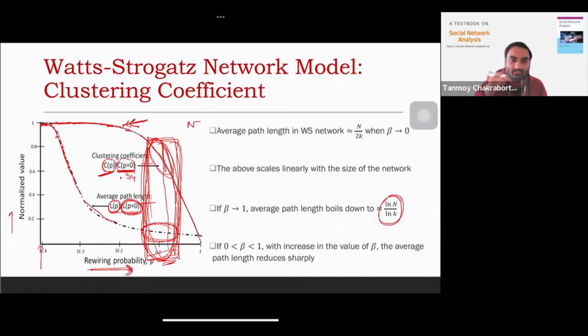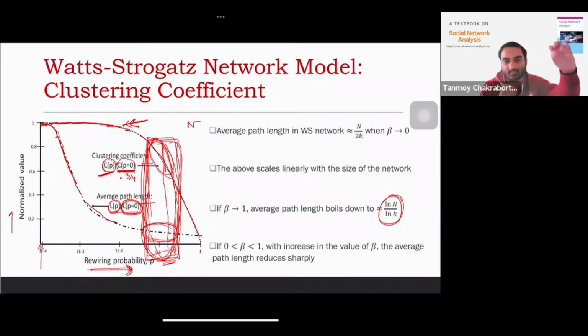That means whatever edge you choose to decide whether you rewire or not, you will always rewire it. And the rewiring process is random. That means you start moving towards a random network. In a regular lattice network, the rewiring was very systematic.